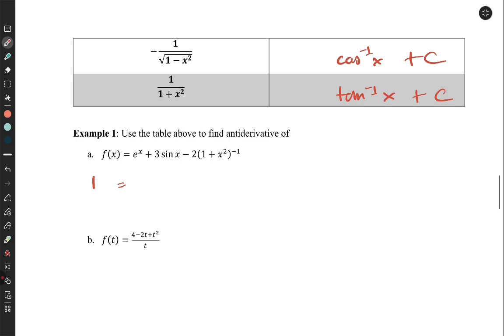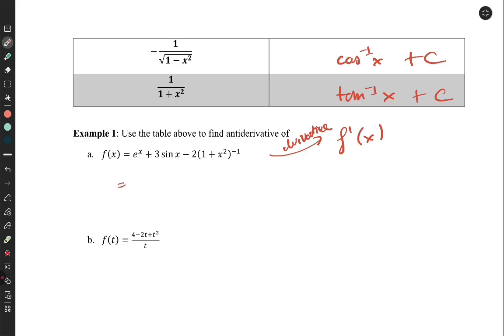When you find an antiderivative, normally if you have a function and you want to find the derivative, you do this, right? Now how do you actually write this out? If you were asked to find the derivative, you write it this way, with a prime.